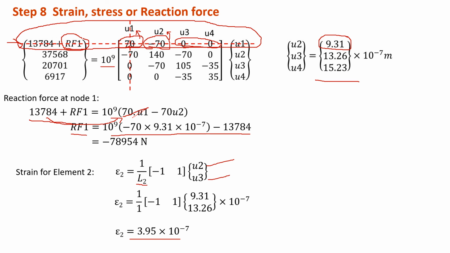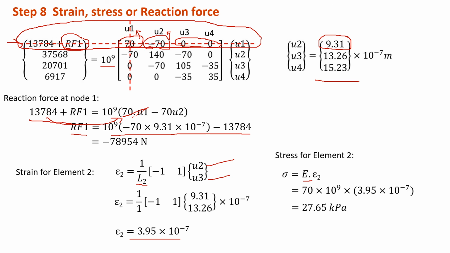Once we solve the strain, we can solve the stress using Hooke's law. Stress at element 2 is the strain multiplied by the Young's modulus, which is constant at 70 gigapascal.